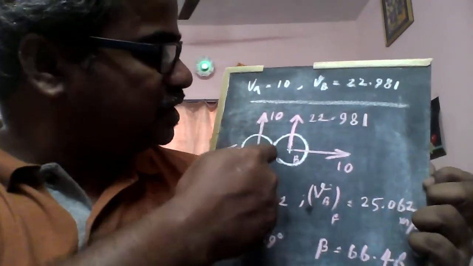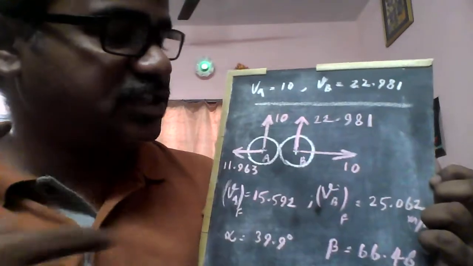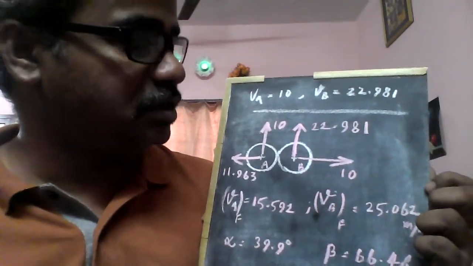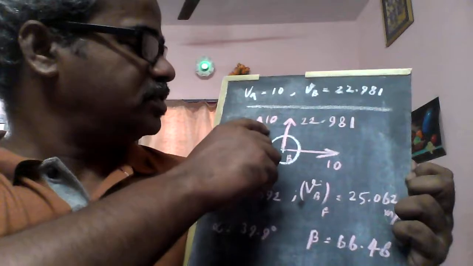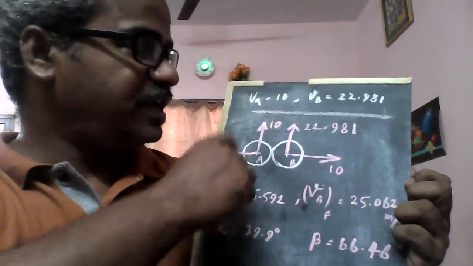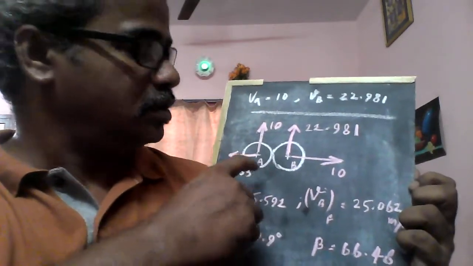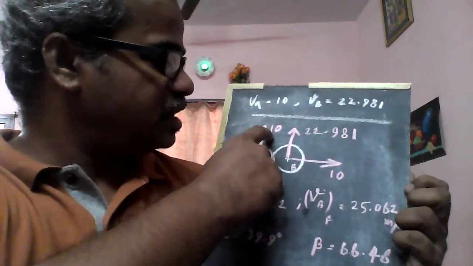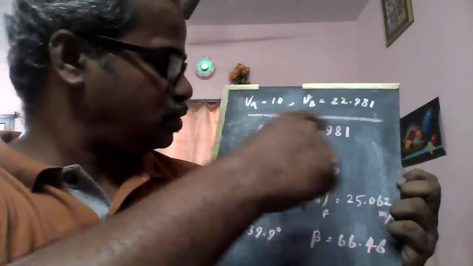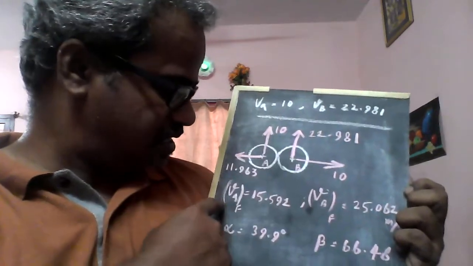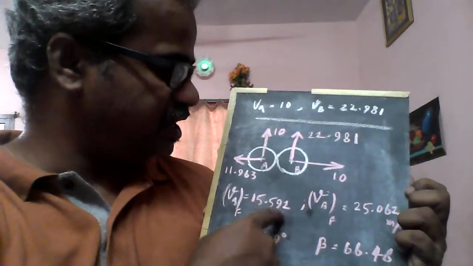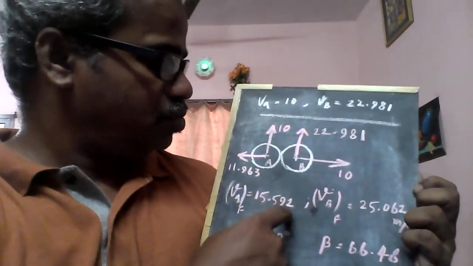Now, how do we find the resultant of each ball and which direction it will move? This is the horizontal component, this is the vertical component. You can square this and square this, sum them up and take the square root, and you will get the resultant. That resultant is 15.592 meter per second.